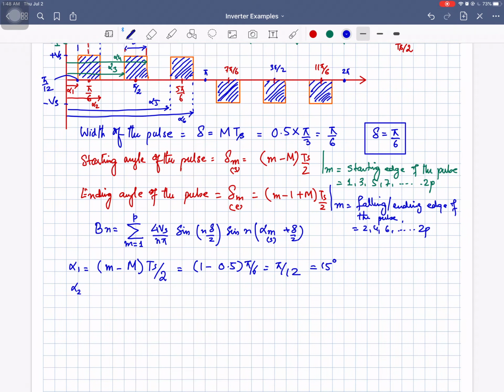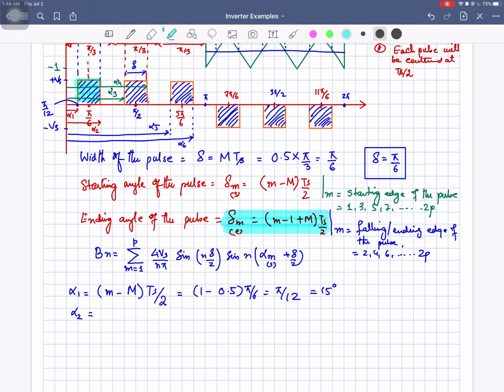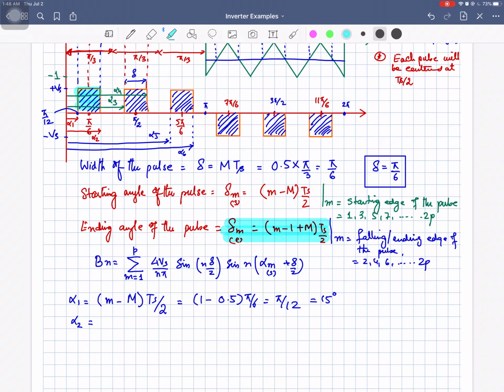Now let's calculate alpha 2, that is the falling edge of the first pulse. That can be calculated in two ways, either using this equation you can find out this angle, or you can simply add the pulse width to the starting angle to get the angle of the falling edge or the ending edge of that pulse. So I am going to add the pulse width to the starting angle.